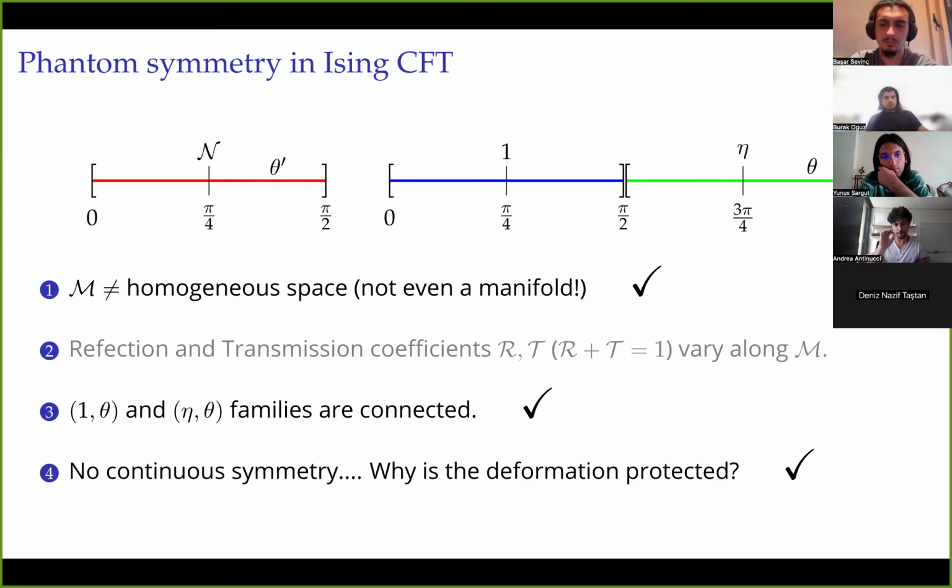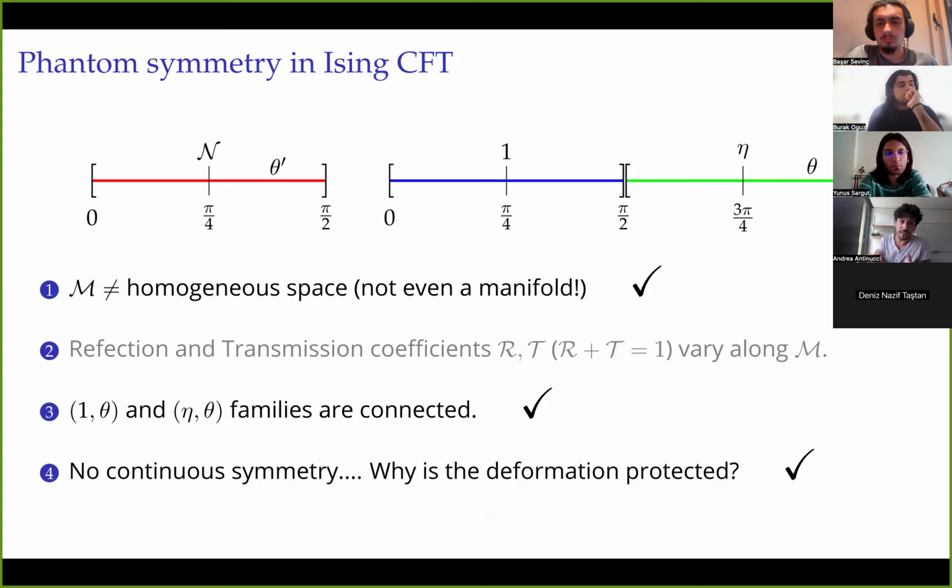But anyway, the deformation that I'm adding to move from the topological point to the non-topological point, why doesn't it acquire anomalous dimension? Well, the reason is that in the folded picture, it is exactly the tilt operator of a symmetry that was not there in the original description, but arises after the folding. And so its anomalous dimension must be protected.